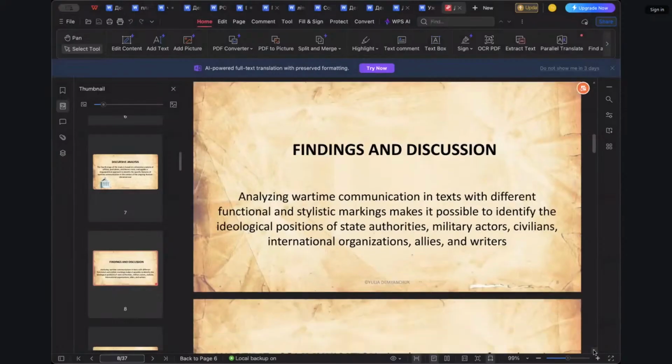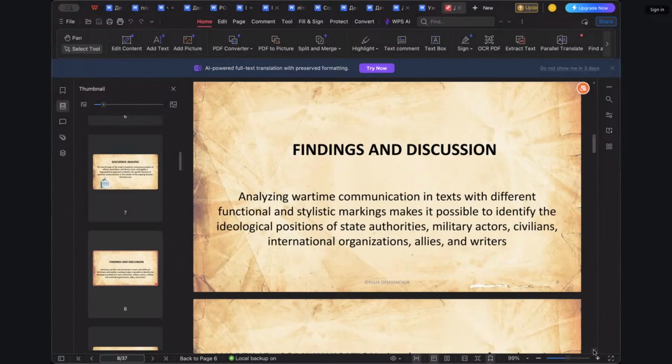And going back to findings and discussion, analyzing wartime communication in texts with different functional and stylistic markings makes it possible to identify the ideological positions of state authorities, military actors, civilians, international organizations, allies, and writers.